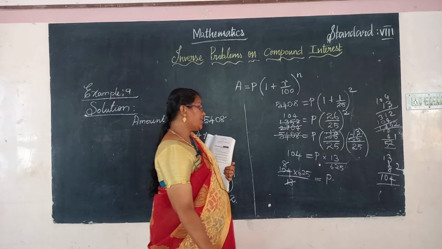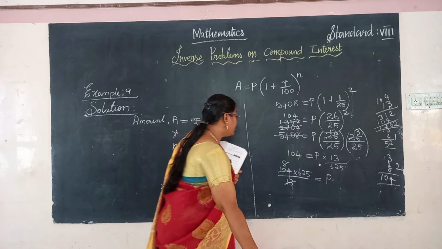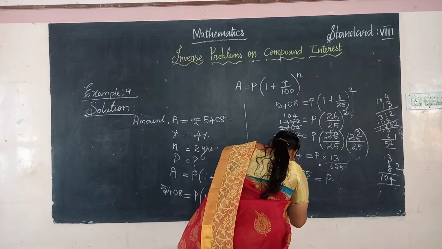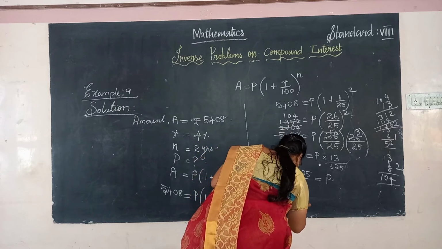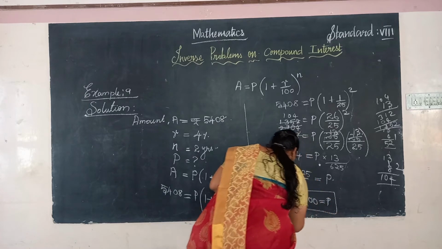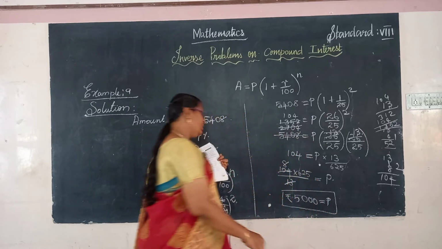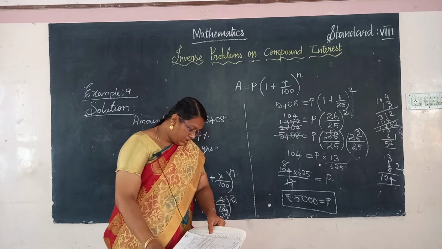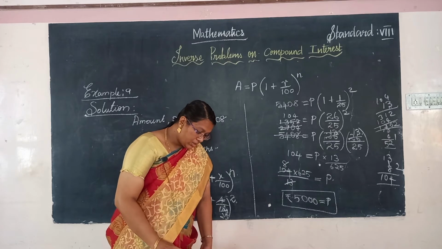Now multiply 625 into 8, we get rupees 5,000. Thus the principal amount is rupees 5,000.